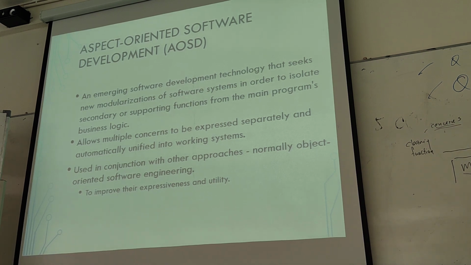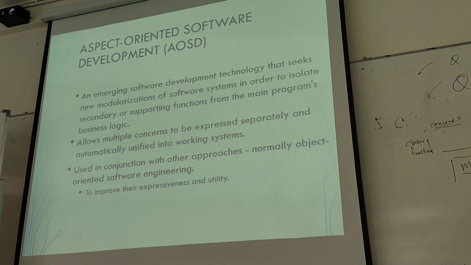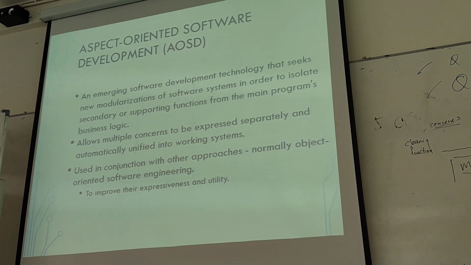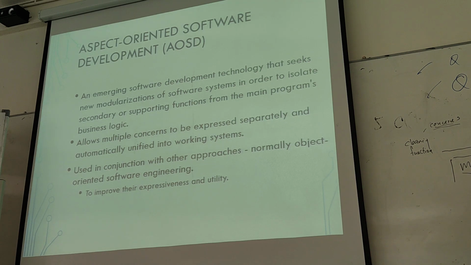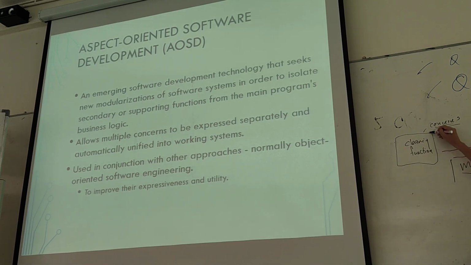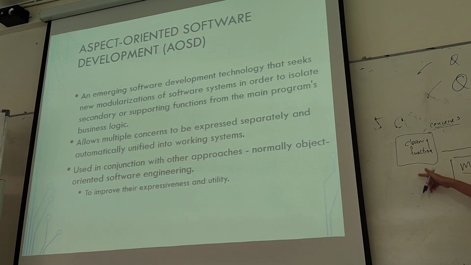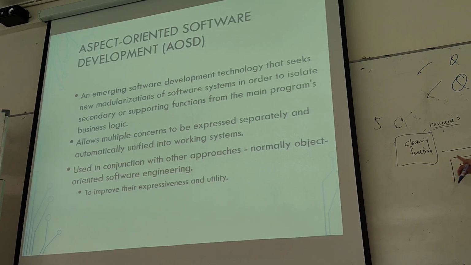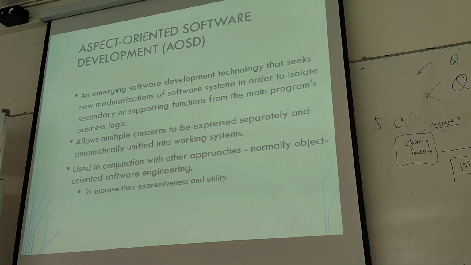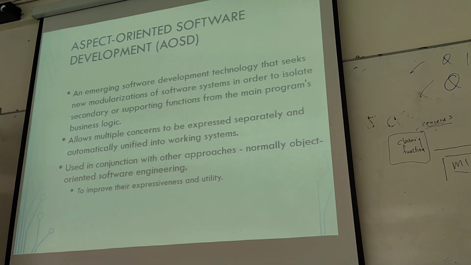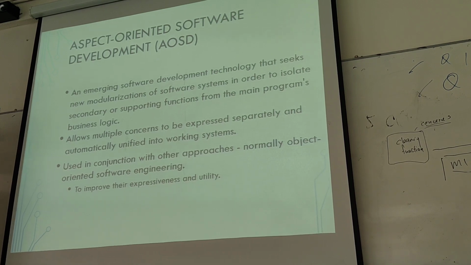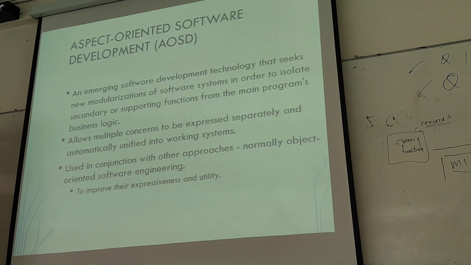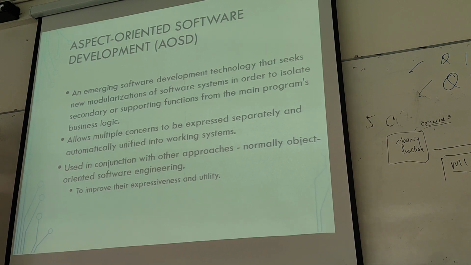In developing our system, we normally separate this cleaning function into an independent working unit. Then we decide at which point the cleaning function is going to be called in M1, and at which point it is called in M2. We can use aspect-oriented to do it. Aspect-oriented separates out the concern in the system.